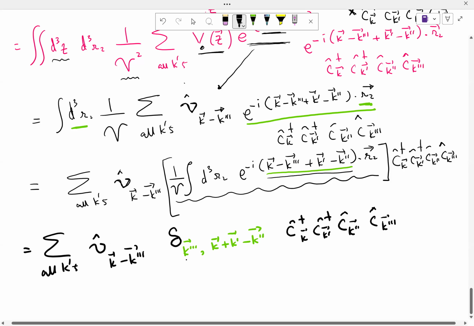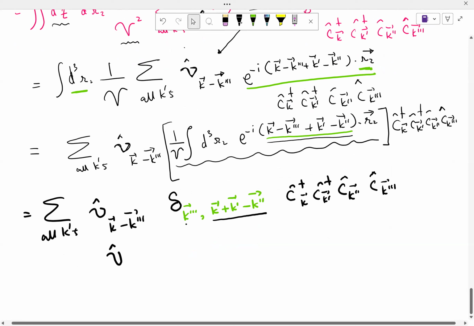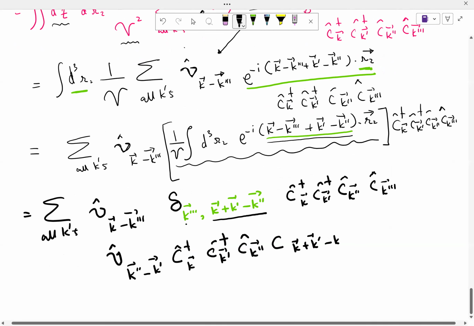Now this means that k prime is equal to this thing. So this term becomes b k minus k triple prime. This becomes k double prime minus k prime. C k prime, c k double prime, triple prime becomes k plus k prime minus k double prime, over all k's.